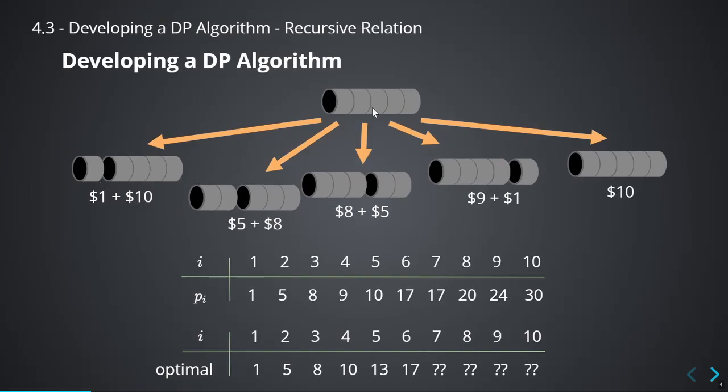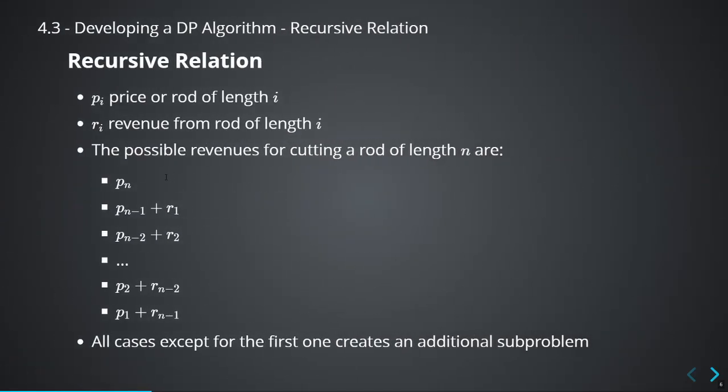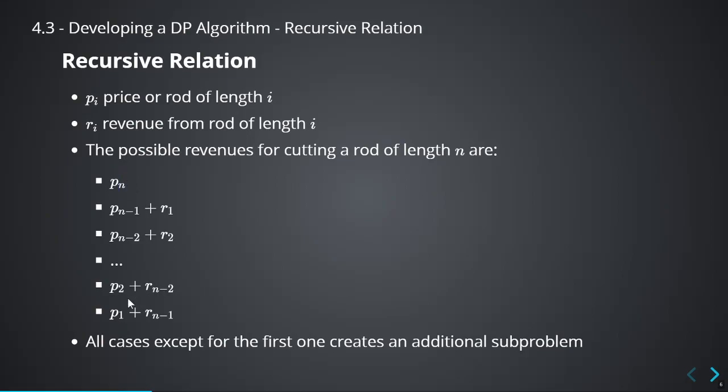You will have the price of rod of length 1 plus the value from rod of length n minus 1, and so on, then price of rod of length 2 plus the revenue from n minus 2, and so on. P1 plus Rn minus 1, P2 plus Rn minus 2, and so on.